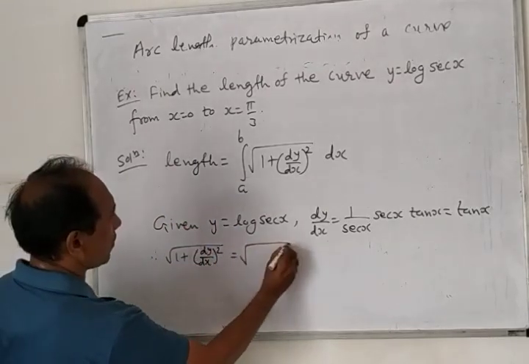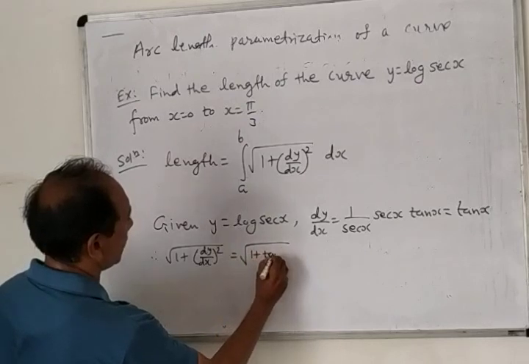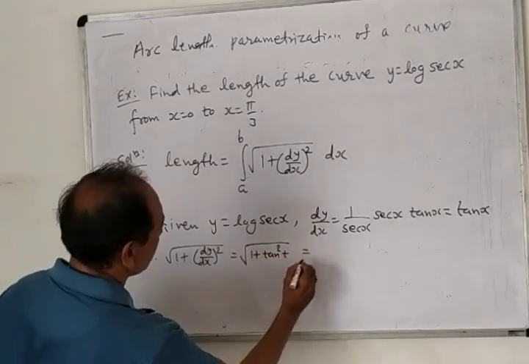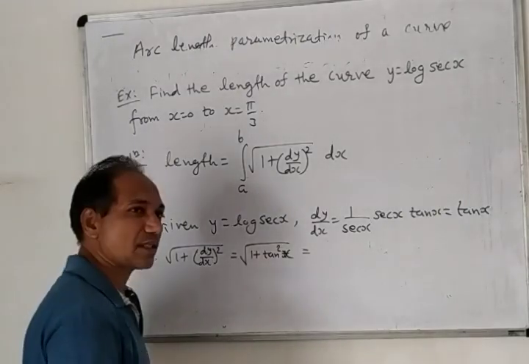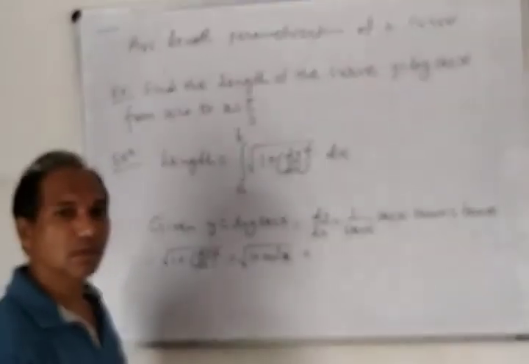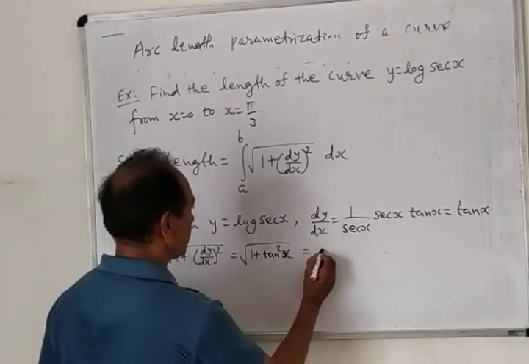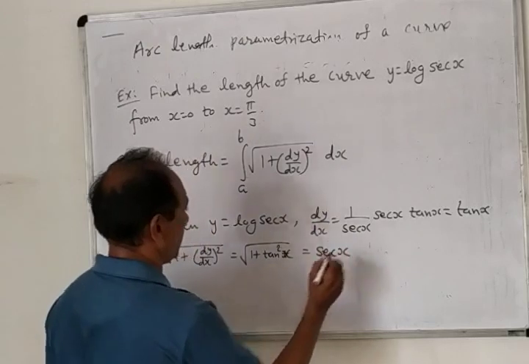This is square root of 1 plus tan square x, but 1 plus tan square x is what? 1 plus tan square x equal to sec square x, so the square root is sec x.